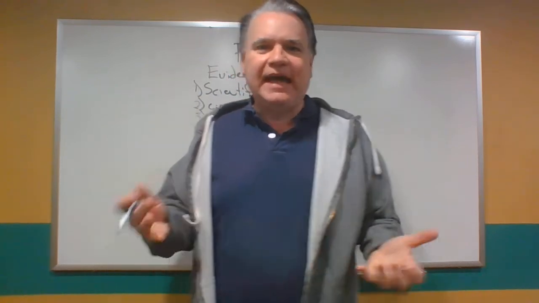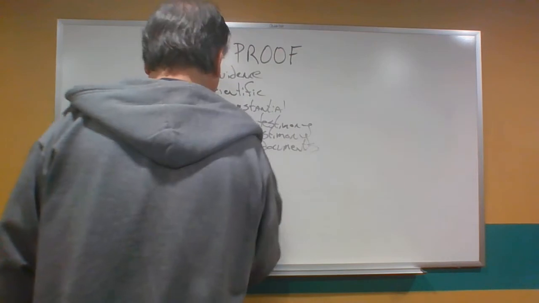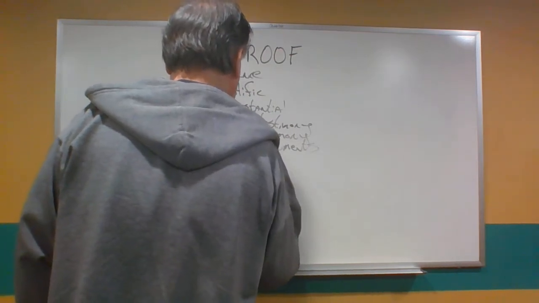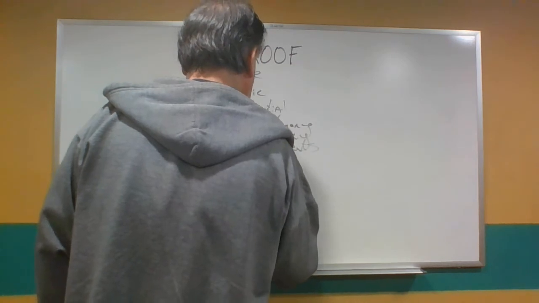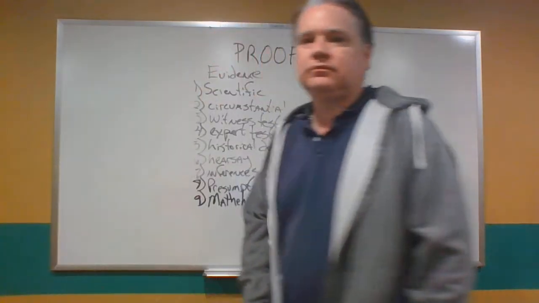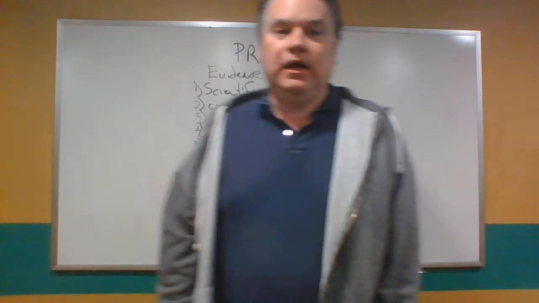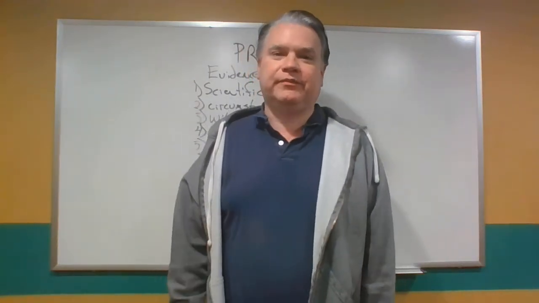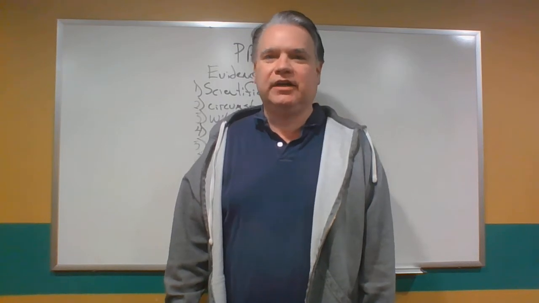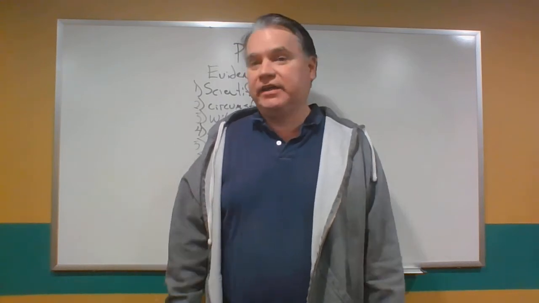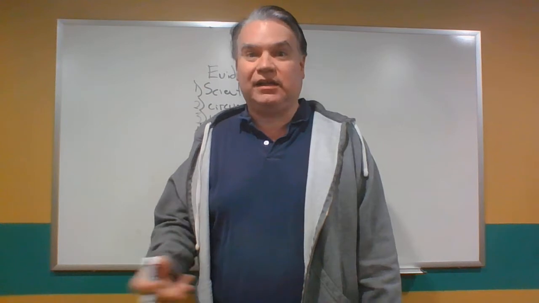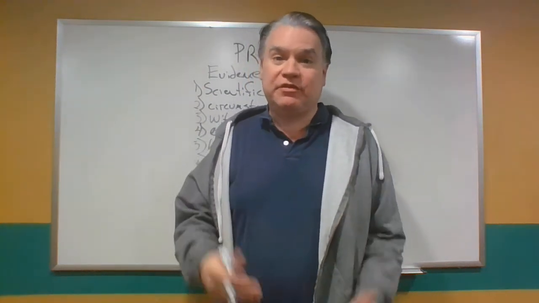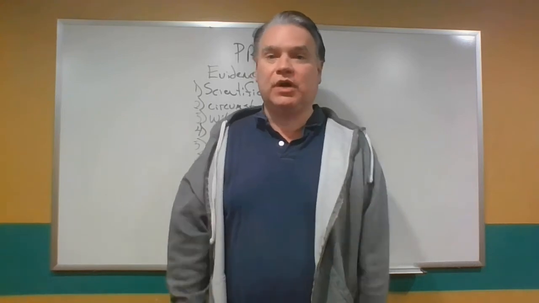There's also mathematical evidence. A certain formula tells you that something is true. Some sort of calculation. Maybe a statistical analysis says that something is likely, or the degree of likelihood of X, Y, and Z. There's mathematical evidence as well.